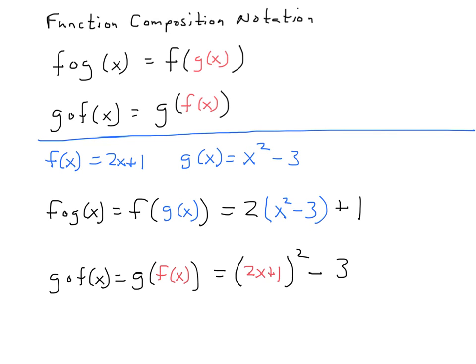And so in this case, when I make that composition, I will get the quantity of 2x plus 1, that quantity squared, minus 3. So hopefully that's what you came up with initially when you did your function compositions. If not, make a note of this. If you're not sure how I got those, make sure you put a note in your notes, and make sure to ask that question when we are next in class.